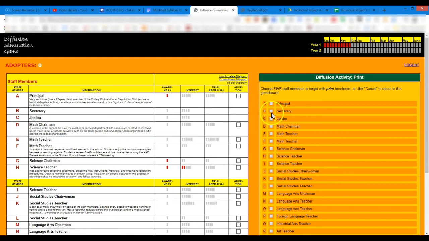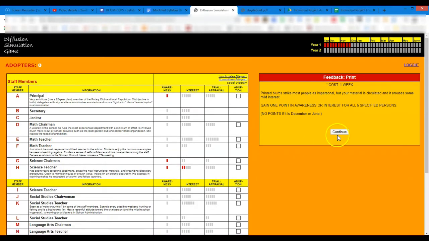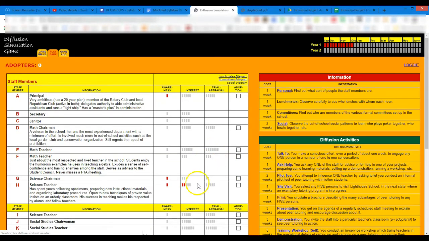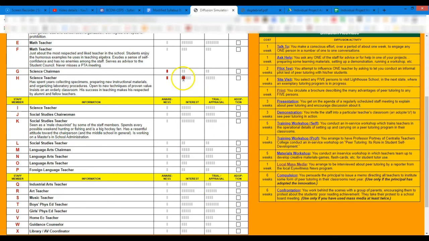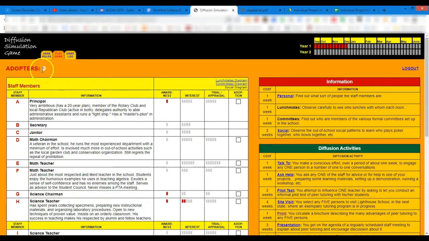I want to send it to 5 people: principal, math teacher, science, this and this, and then say okay. Now click on that. Now this has 2 interests. You keep playing until you get number of adapters here.